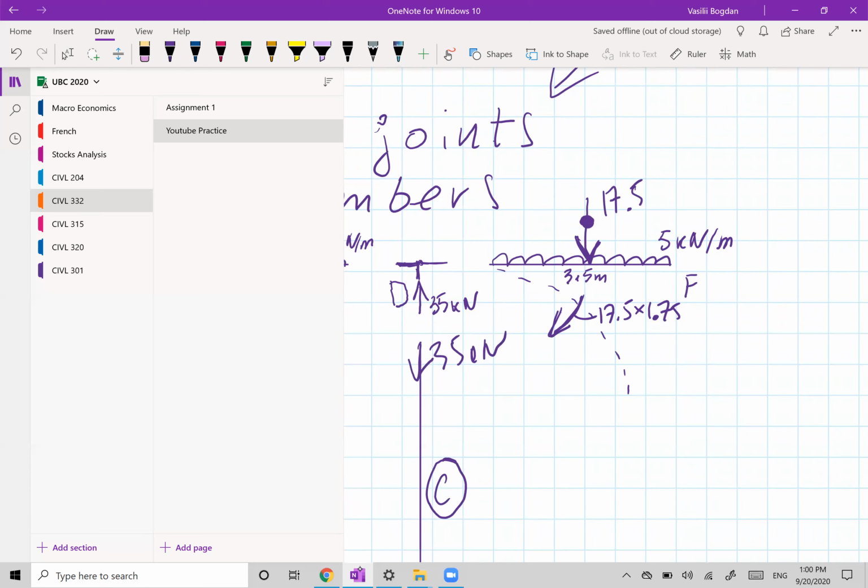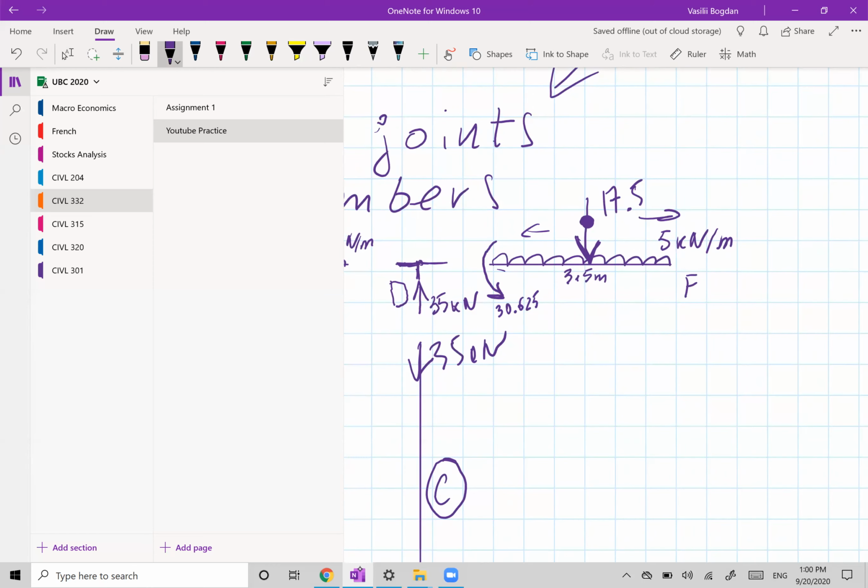We have to counter this moment on this end of the beam the opposite way. And 17.5 times 1.75 is 30.625. Okay, so 30.625. Moment goes this way.